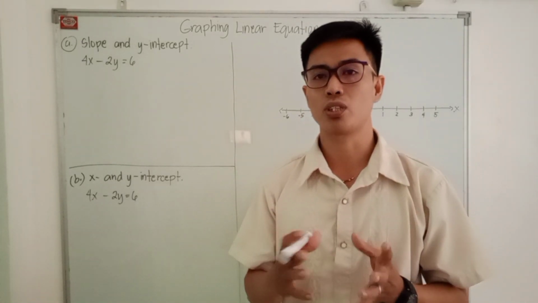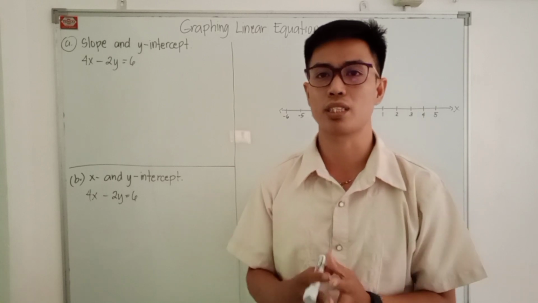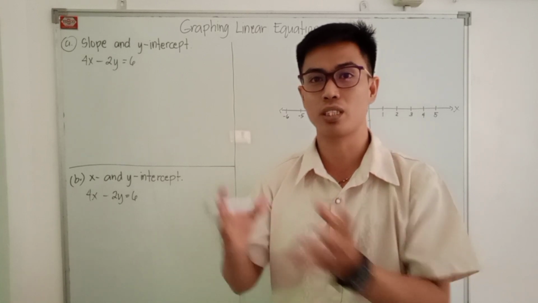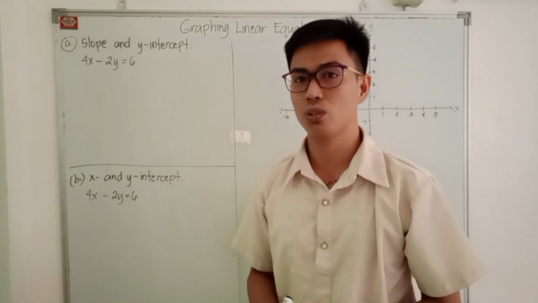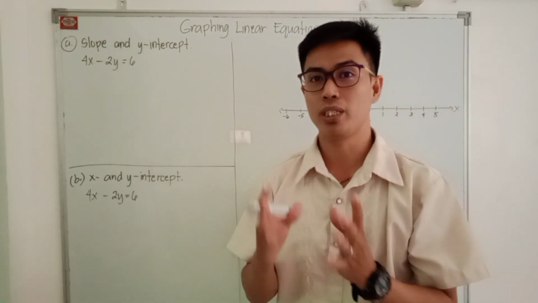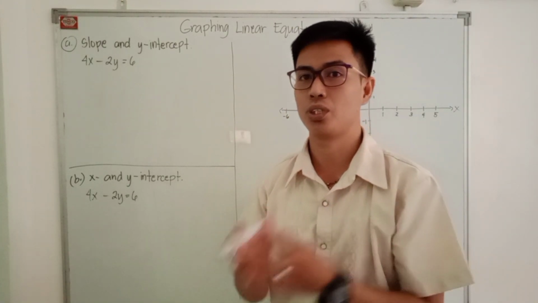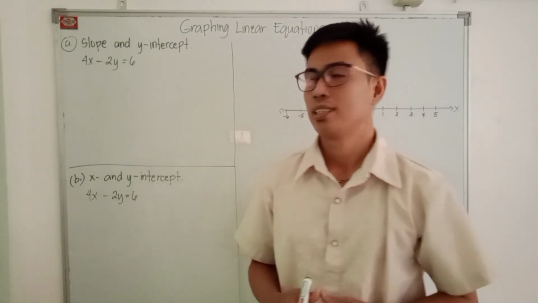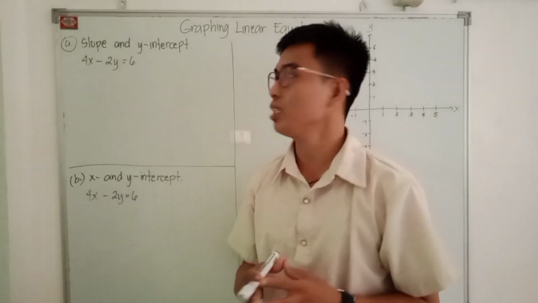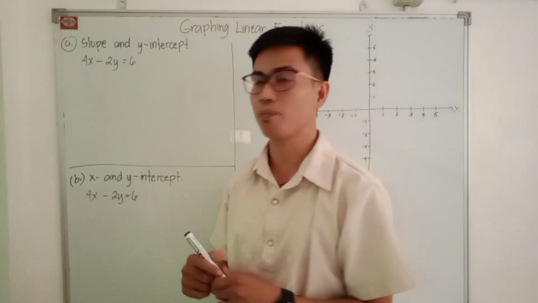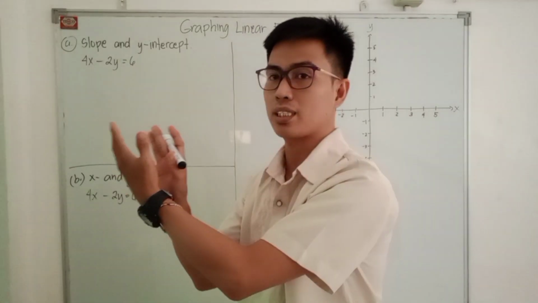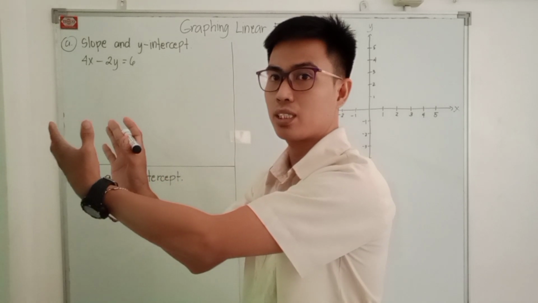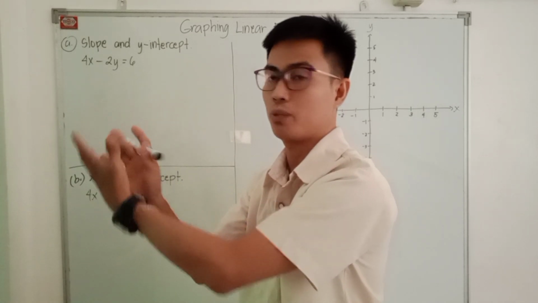So, to find the slope and the y-intercept, we're going to transform the standard form of equation into the slope-intercept form, or yung y equals mx plus b. So, transforming the given into the slope-intercept form, kailangan ang matira lang sa right side or sa left side is yung term na may variable y.